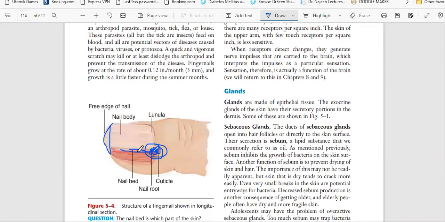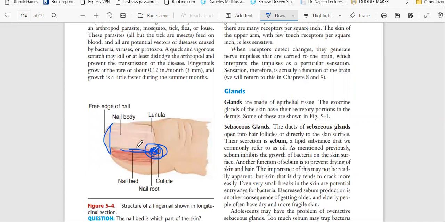So basically, this is the nail, and above the nail is the skin layer. Below, the nail is attached to the epidermis as well as the dermis.